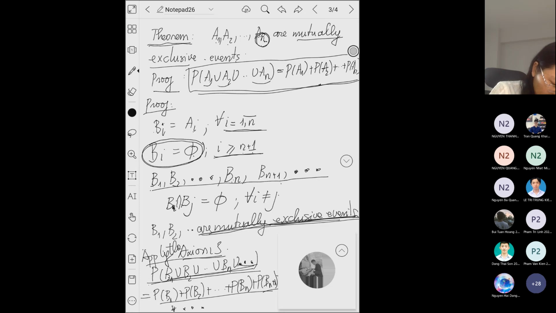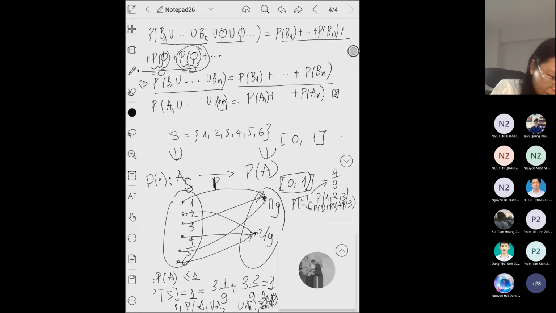However, Bi for i from 1 to n is Ai. The empty set terms on the right have probability 0; we have just proved that the probability of the empty set equals 0.